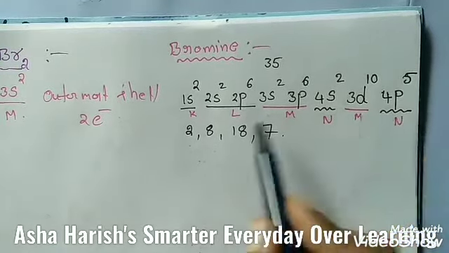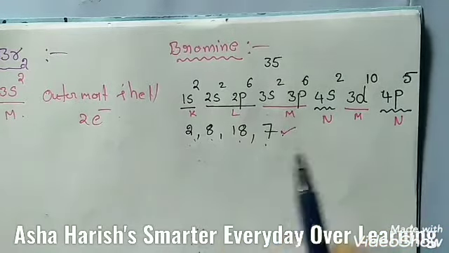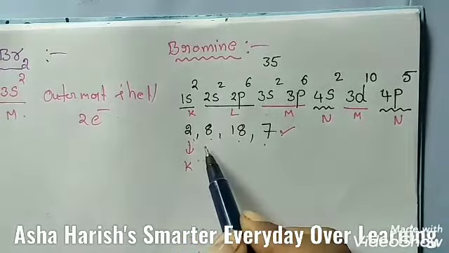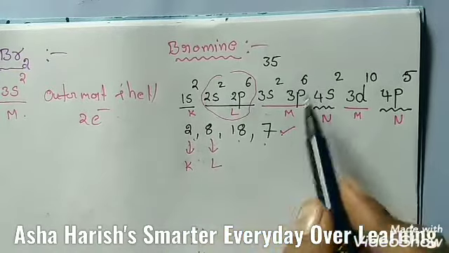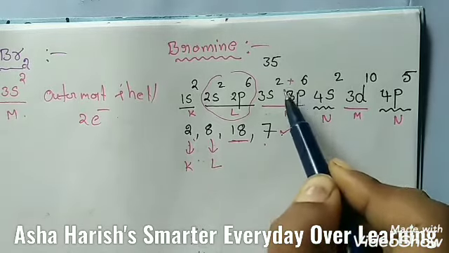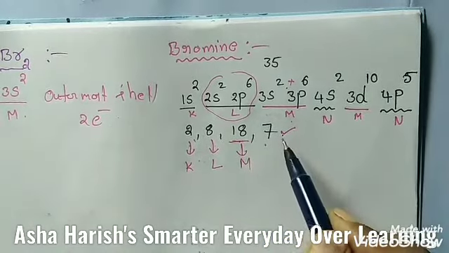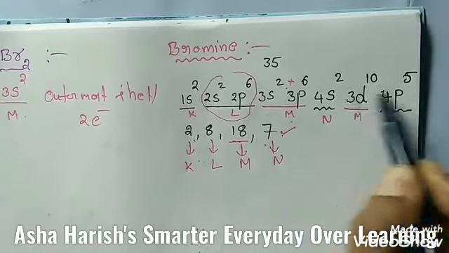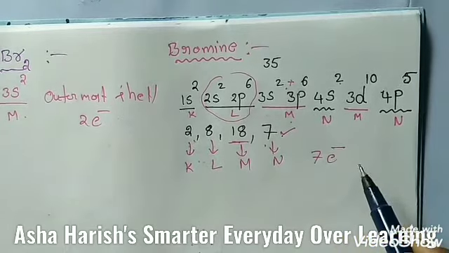If you segregate this shell-wise, you get the electronic configuration 2, 8, 18, 7. 2 from K shell, 8 electrons from L shell, and 18 electrons from M shell: 6 plus 2, 8, 8 plus 10, 18 from M shell, and the last outermost shell electrons are from N shell, 7, 2 plus 5. These 7 electrons are valency electrons here.